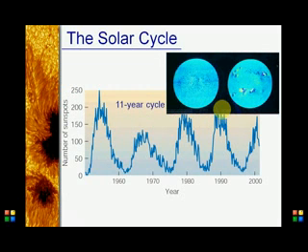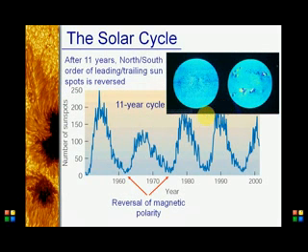So the solar cycle is a cycle of 11 years, and during these 11 years the number of sunspots increases and decreases, but it doesn't always have the same peak.